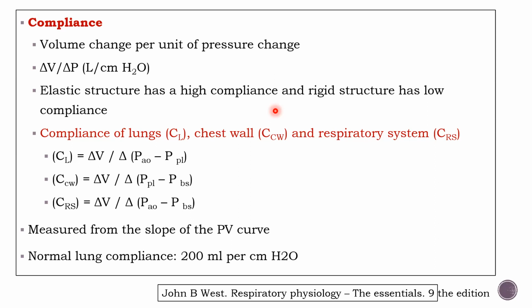For 100 volume, you need 10. Suppose the lung compliance is poor or low. With the change of pressure of 10, the change in the tidal volume is only 50. That is what poor compliance is.